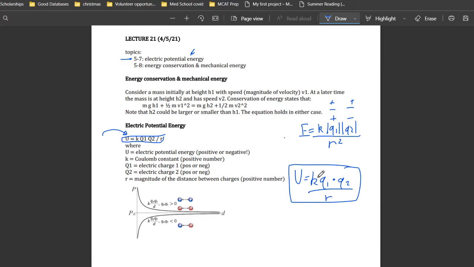R is no longer squared here, meaning that the relationship between the electric potential energy and the distance is inverse, but 1-to-1. So if the distance were to decrease by a factor of 2, the electric potential energy increases by only a factor of 2.